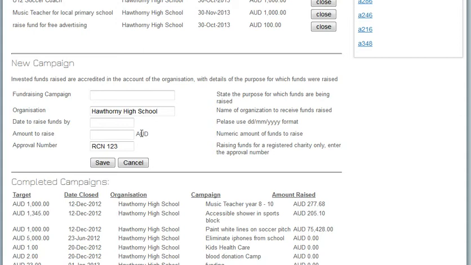So, if you're in the US and you're trading in US dollars and you want to raise funds for an organization in Japan with the yen, you can't do that because the currency conversion costs, the exchange rate issues, the cross-border compliance and all of those sorts of things become too complicated. You can do this.